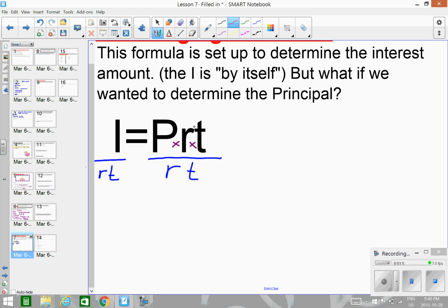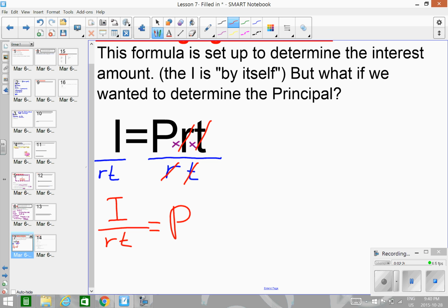R divided by r is just 1, so we can cross that off. T divided by t, that's just 1, so that doesn't change anything, so we can cross that off. So now I've got P by itself. And on the other side, I've got I divided by rt. And you can do the same steps to get r by itself or to get t by itself.